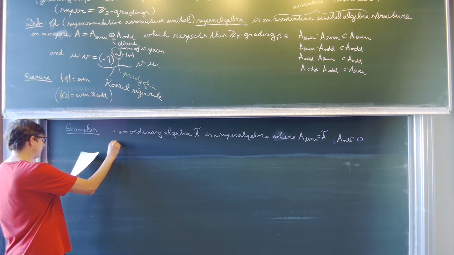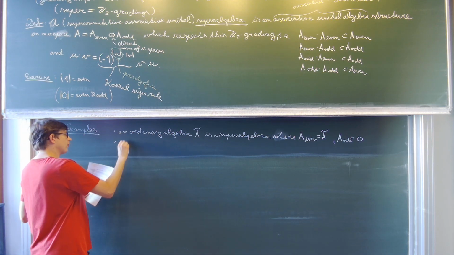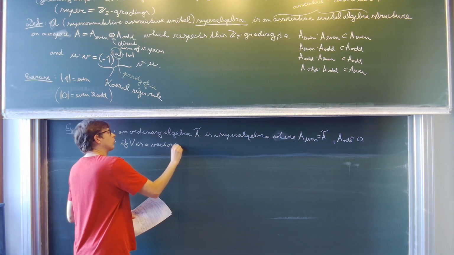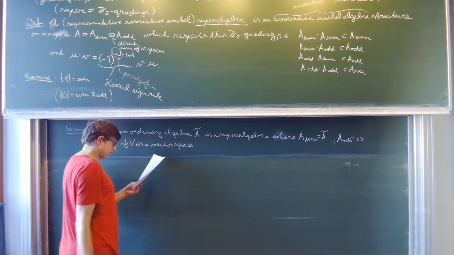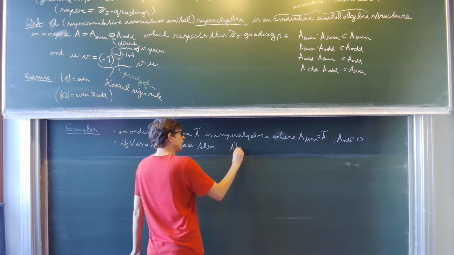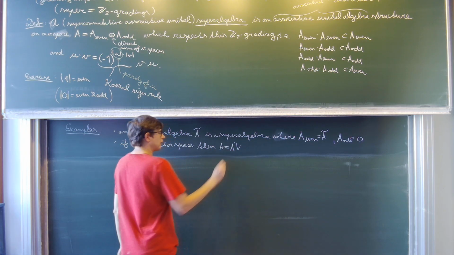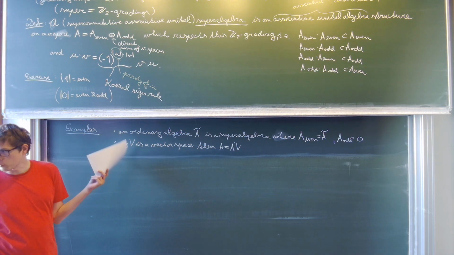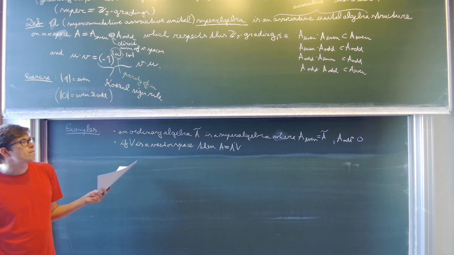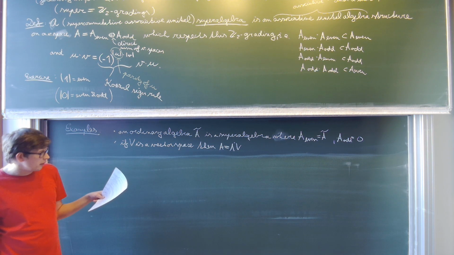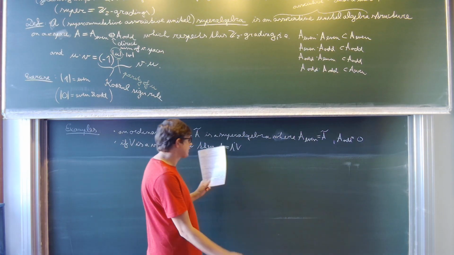Now, slightly more interestingly, if V is a vector space, then we can form the exterior algebra of V, and we can take this to be A. It is an algebra, simply by wedging things. It is unital, associative, and graded commutative.